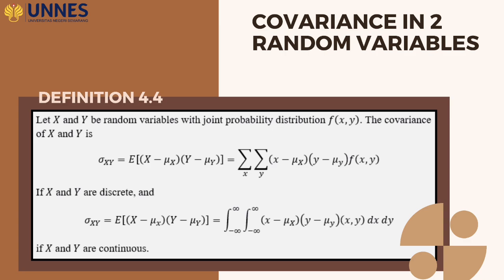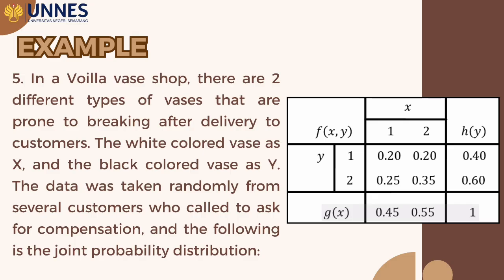We have an example of covariance. Okay, the example is in a vase shop. There are two different types of vases that are prone to breaking after delivery to customers: the white color vase as X and the black color vase as Y. The data was taken randomly from several customers who called to us for compensation, and the following is the joint probability distribution.